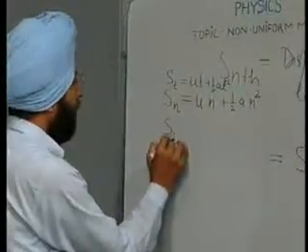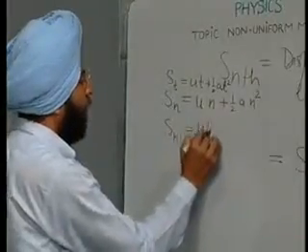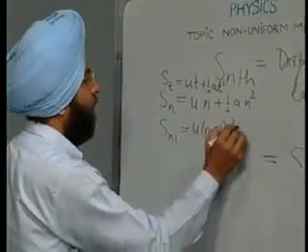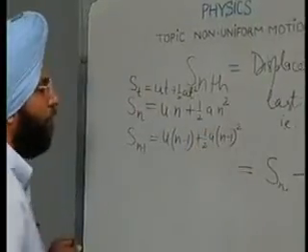S n minus 1 is equal to u into n minus 1 plus half a into n minus 1 whole square.